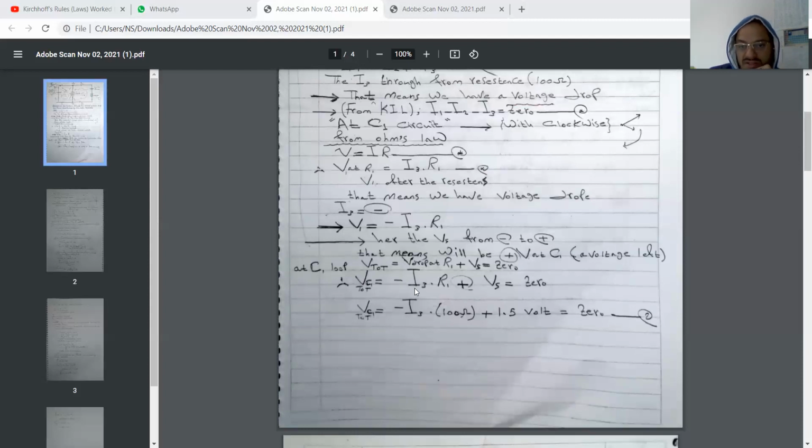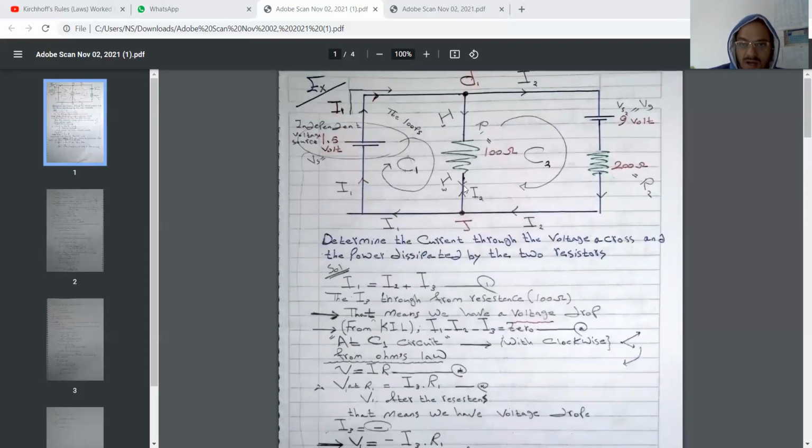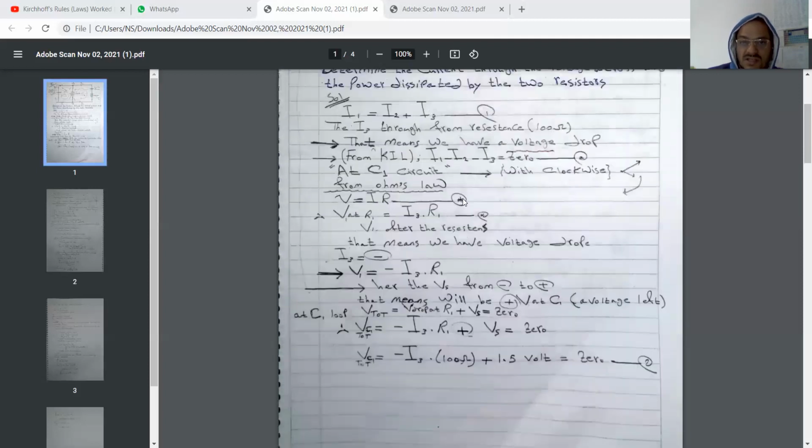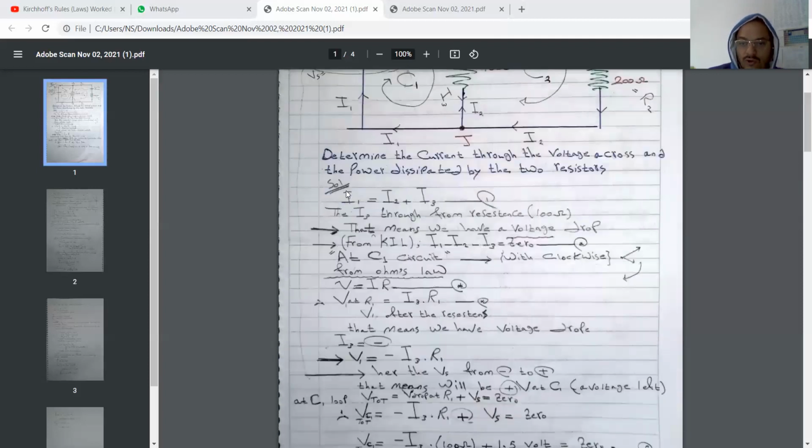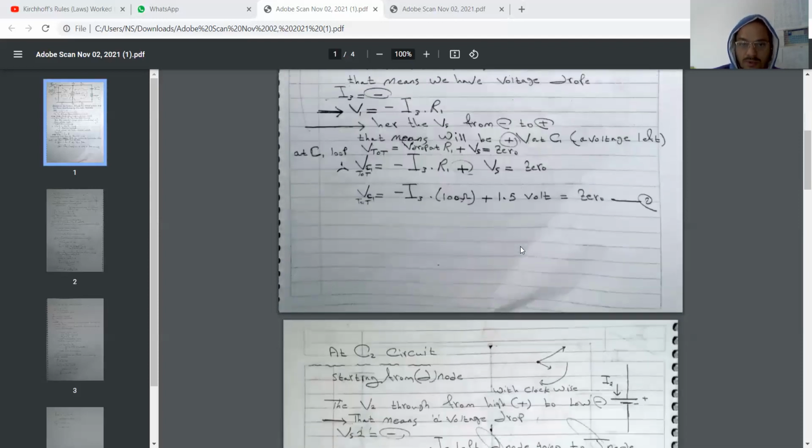So minus I3 dot R1 plus VS equals 0. Now let's work on loop 2: minus I3 dot 100 ohm plus 1.5 volts equals 0. Let's call this equation number 2.